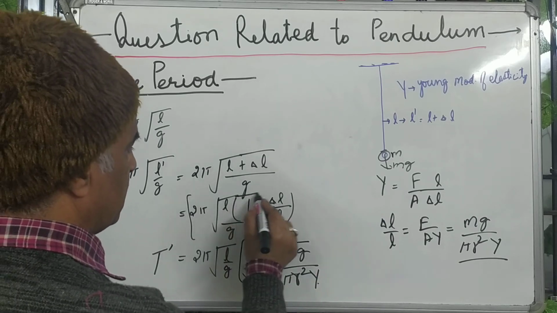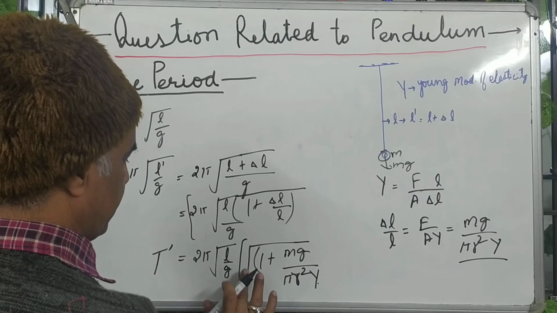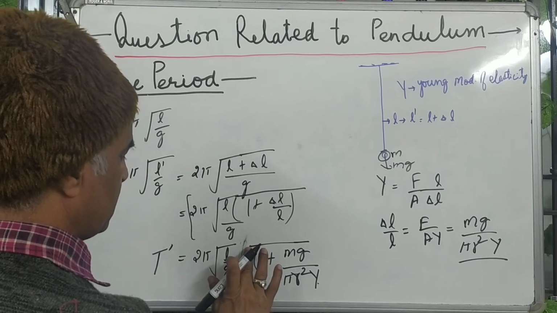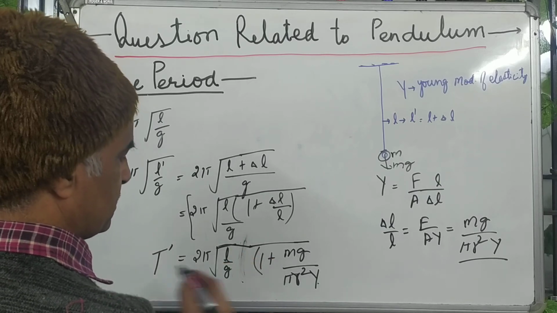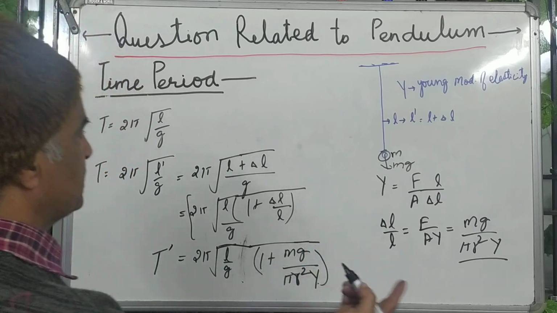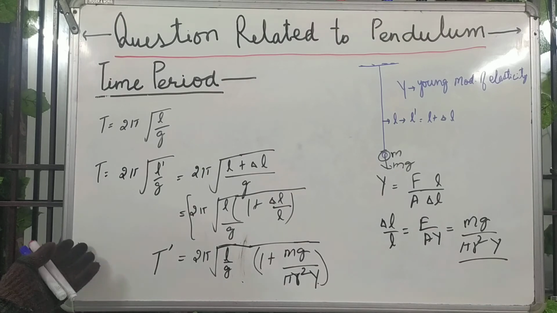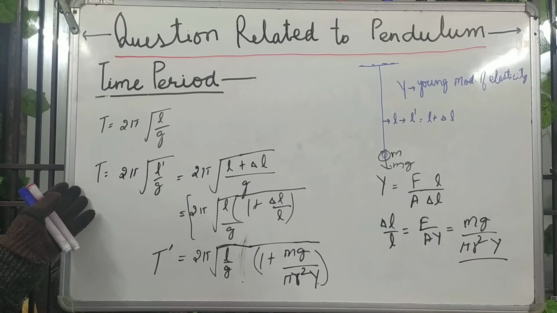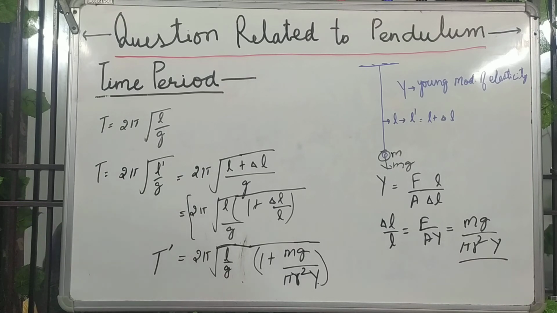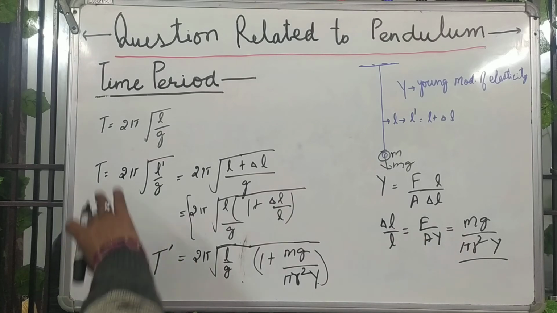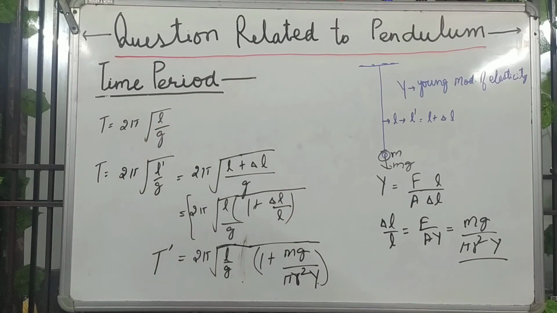You may represent it this way if you wish. This is the time period. Further, if you wish, you may represent the change in time period: T dash minus T is the absolute change in the time period.